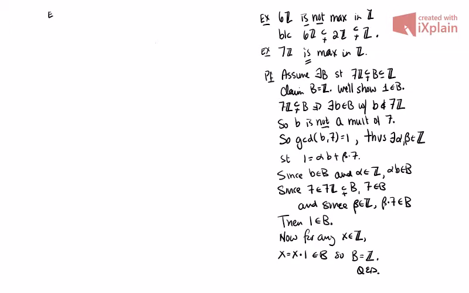So one last example. I want to do this specifically to make a point at the end. The ideal generated by X is not maximal in Zx, and this is because the ideal generated by X is a subset but is not equal to the ideal generated by X and 2, which is a subset but not equal to Zx.